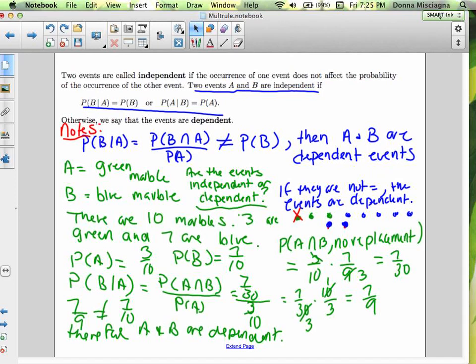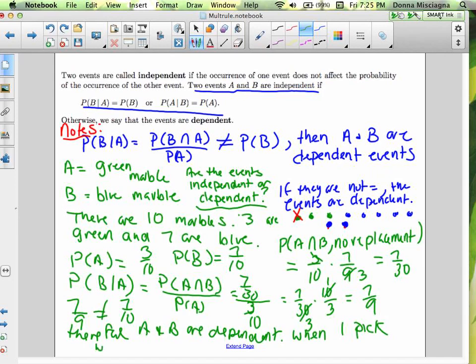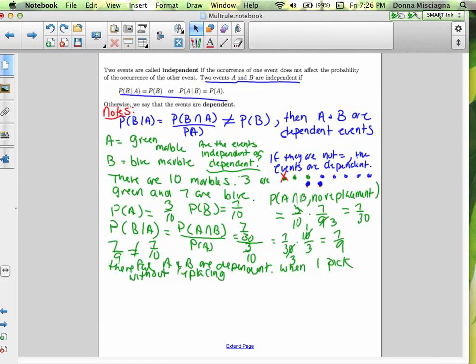Therefore, A and B are dependent when I pick without replacement. So not replacing a marble is definitely, you can see, a dependent event. We have proved it to be true. And you can prove this with any events.